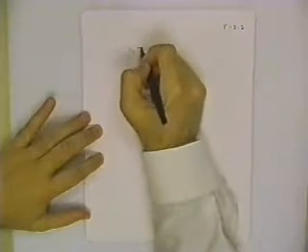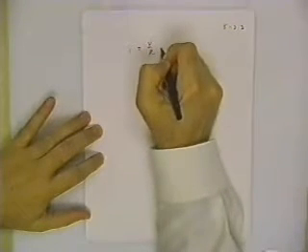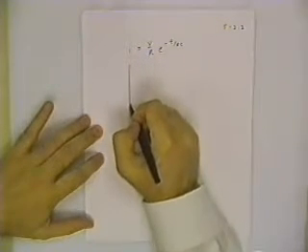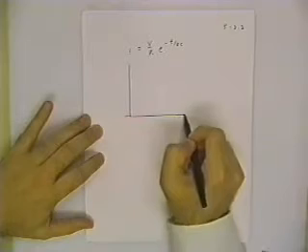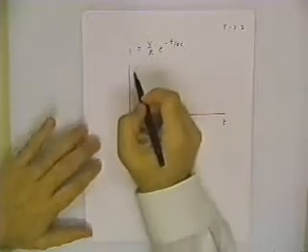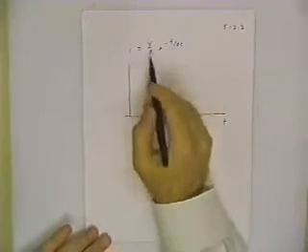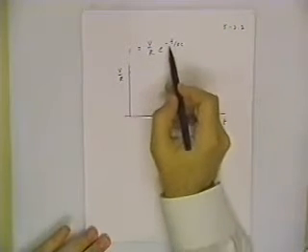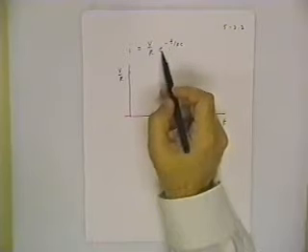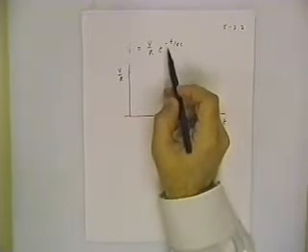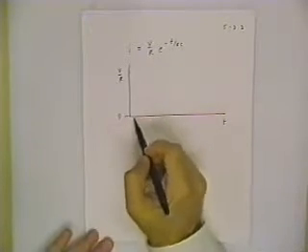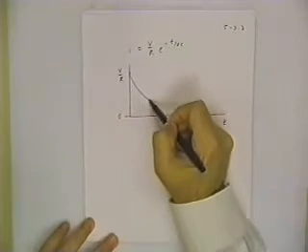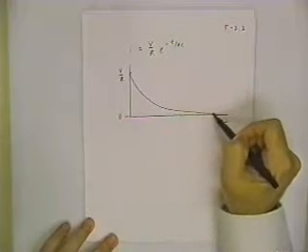If this is my current, V over R e to the minus t over RC, and we sketch this as a function of time, at t equals 0, my current is V over R. And if I wait long enough, for a very large time, e to the minus infinity goes to 0. So eventually the current is going to go all the way down to 0.